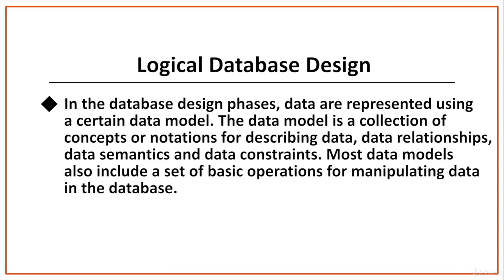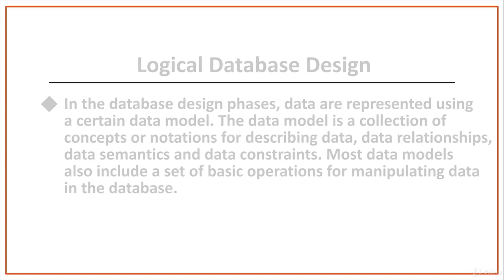In the database design phases, data are represented using a certain data model. The data model is a collection of concepts or notations for describing data, data relationships, data semantics, and data constraints. Most data models also include a set of basic operations for manipulating data in the database.